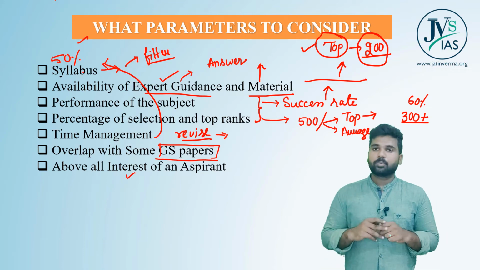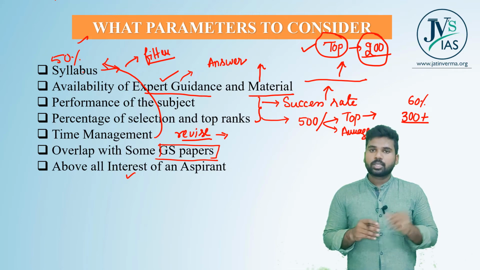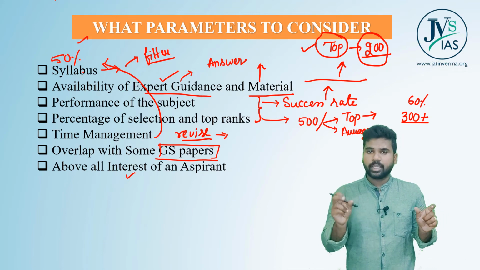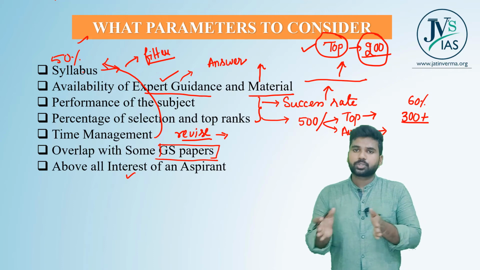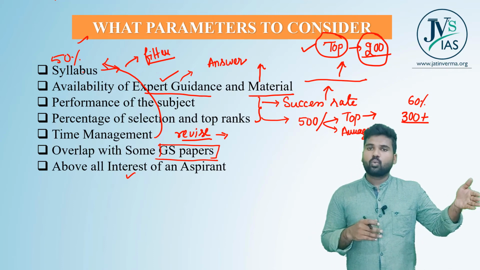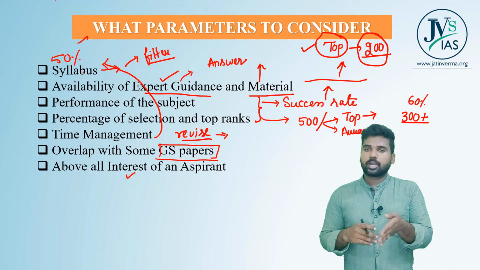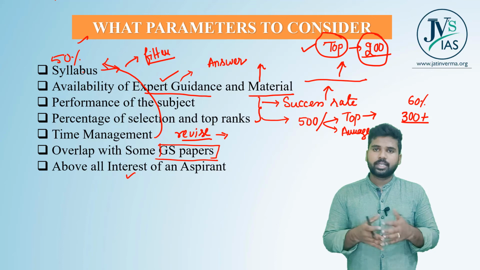This is very, very important, because if you see the trend of the UPSC examination, the gap between prelims and mains is continuously reducing, right? Earlier there used to be at least 120 days, then it reduced to 100 days, and now for the coming examination it is going to be 90 days or so.